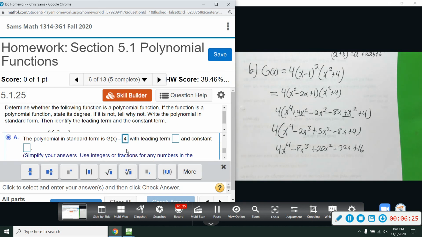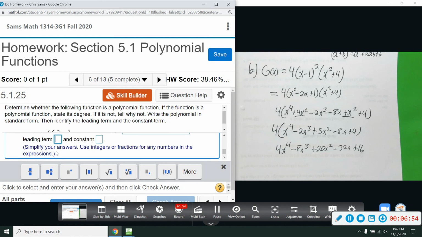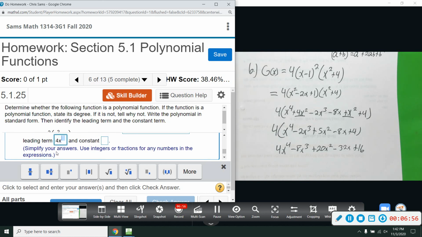So 4x raised to the 4th, and then minus 8x raised to the 3rd, plus 20x squared, minus 32x, plus 16. The leading term is the 4x to the 4th. And the constant term is 16.